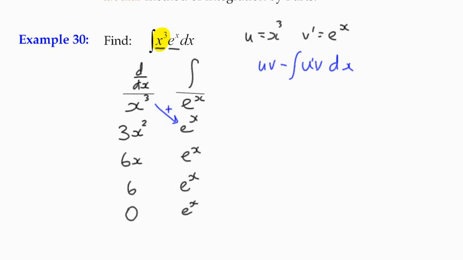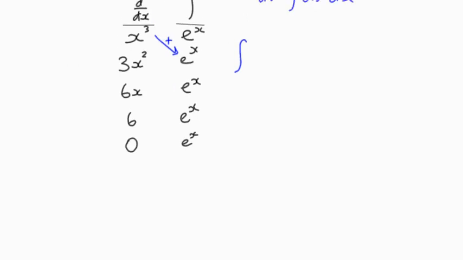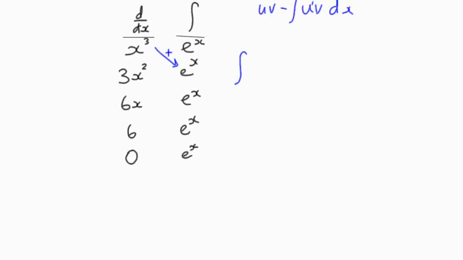So uv is represented by this first diagonal expression. So the integral of x cubed e to the x with respect to x is x cubed times e to the x.